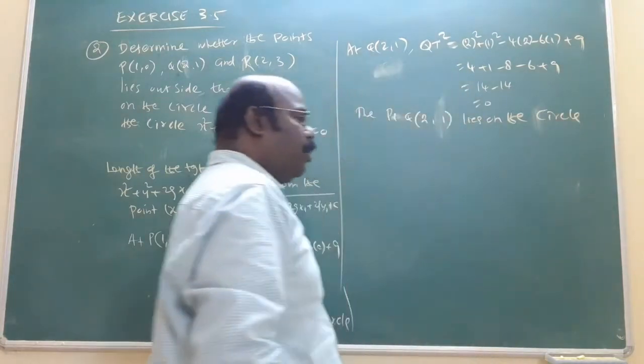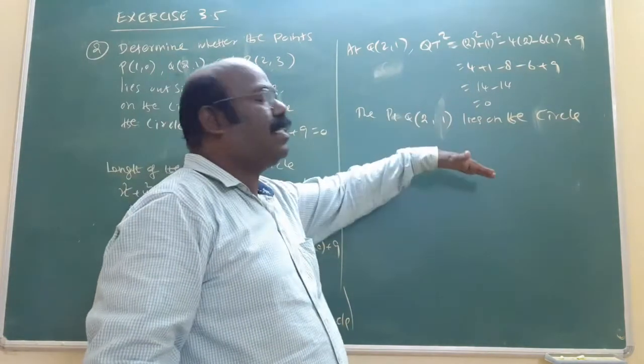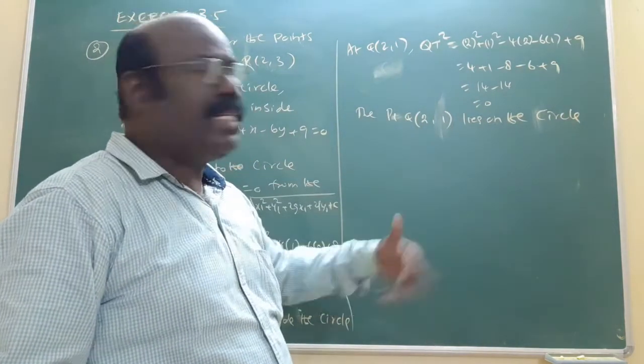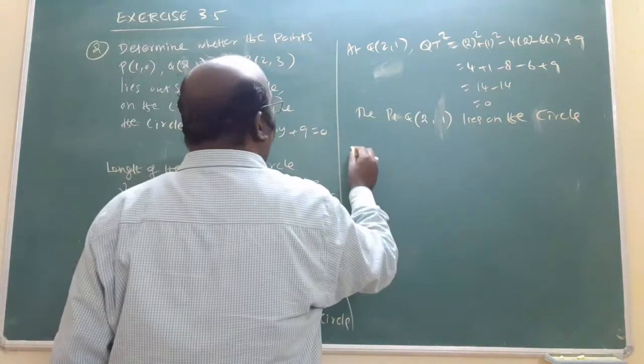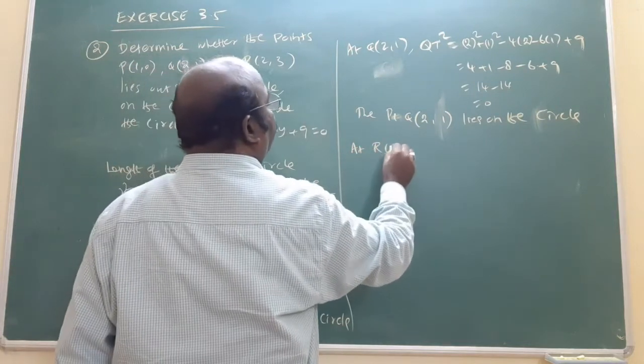If it is positive, it lies outside. Equal to 0 means on the circle. Negative means inside the circle. The third one, R of 2, 3.